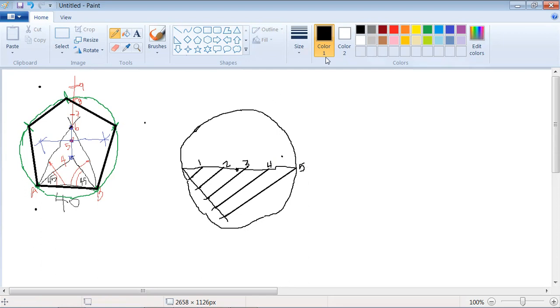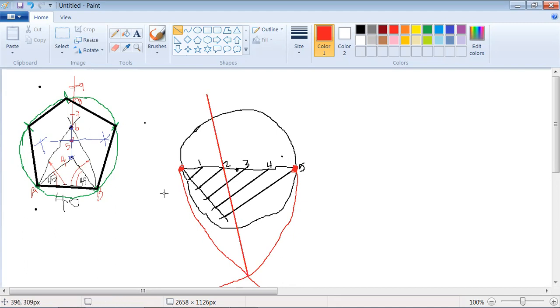Right? What you do next is set a compass from this point to this other point. And when the pencil is here, you make it go out like this. Then you switch it, bring it to here, and let the pencil draw this other arc. Right? You get the arc, you're gonna need a line from this intersection, make sure it passes through the point 2 and intersects the circle at the top.